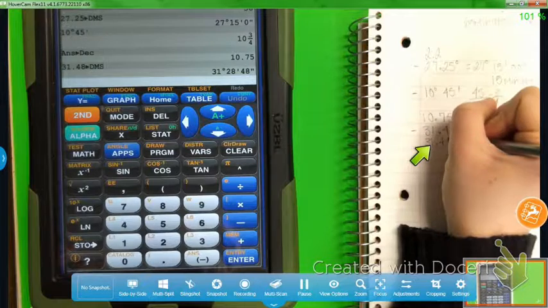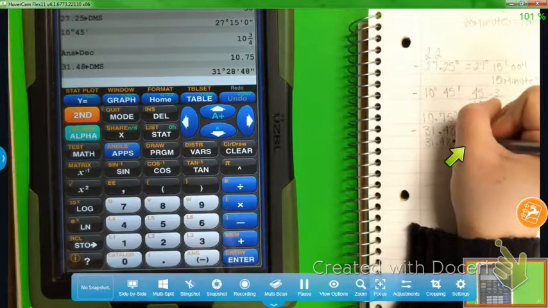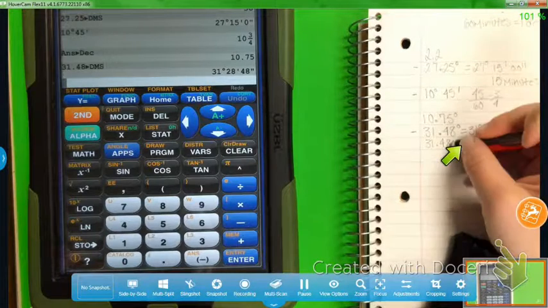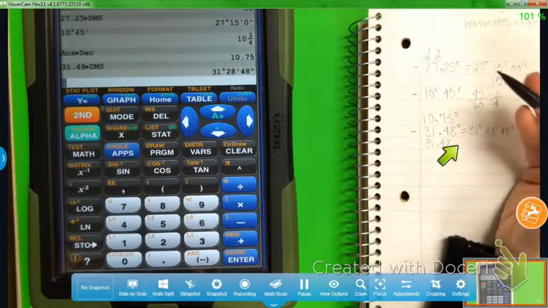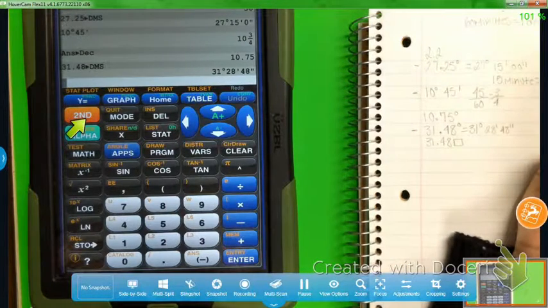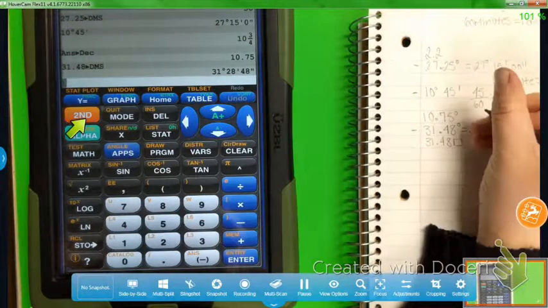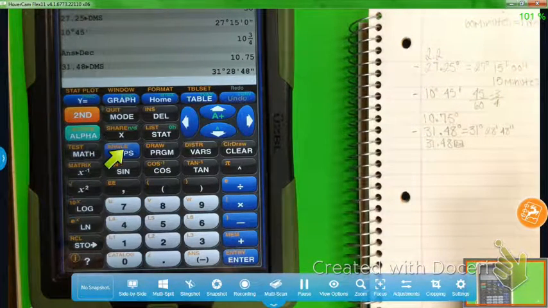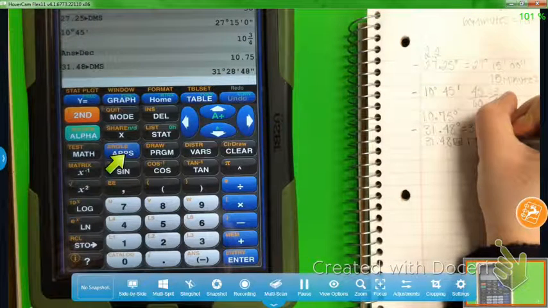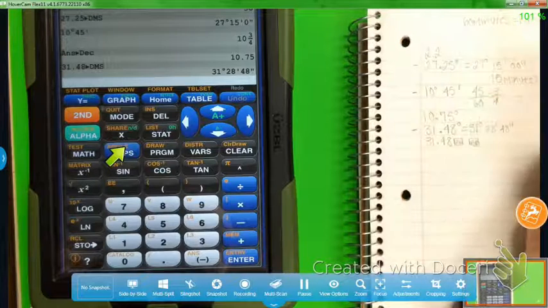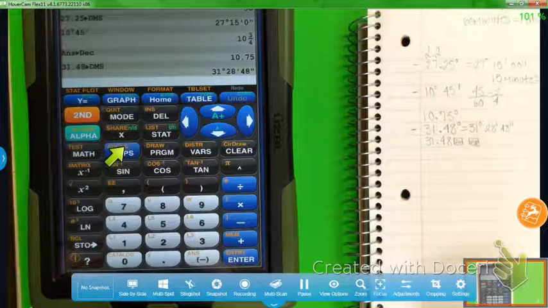And then draw a rectangle with the second inside of it. So in other words, try to draw this button on your calculator and put the little second inside of that, so you know what button to push. Does that make sense? And then the next button you need to push is the apps button. So draw another rectangle and write the word apps inside of it, or angle, whichever makes sense to you, so that when you look back at your notes, you know what buttons to push on the calculator. Does that make sense? Okay?